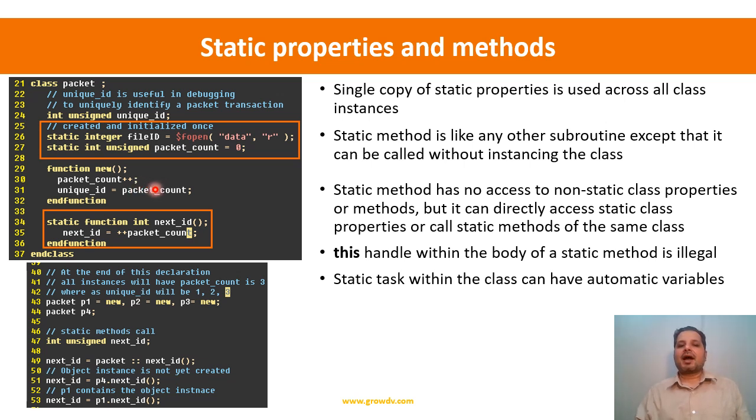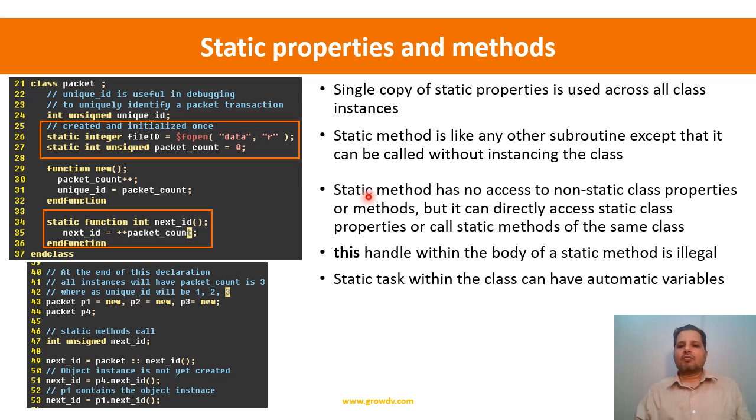This packet ID I keep on incrementing, and hence for every instance it automatically gets updated, although it's still a property of the same class. So these are some of the use cases for the static properties.